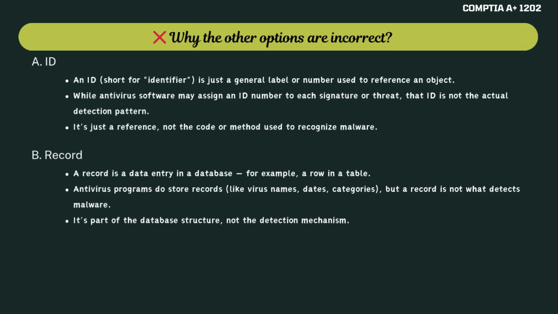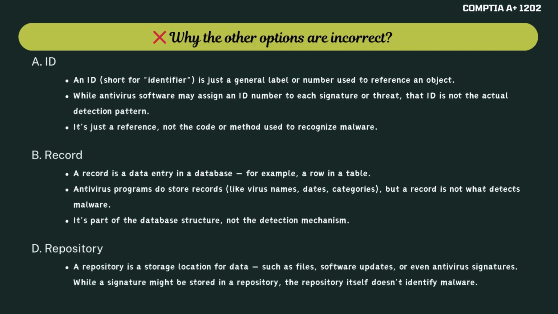Antivirus programs do store records, like virus names, dates, and categories, but a record is not what detects malware. It's part of the database structure, not the detection mechanism. D. Repository. A repository is a storage location for data, such as files, software updates, or even antivirus signatures. While a signature might be stored in a repository, the repository itself doesn't identify malware.